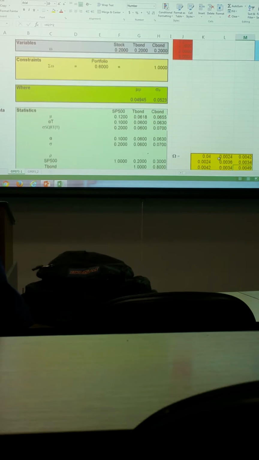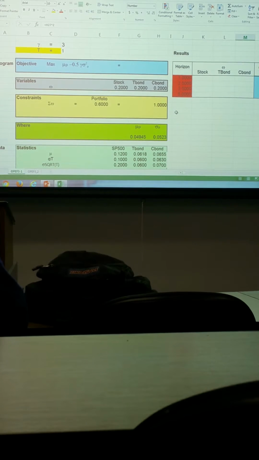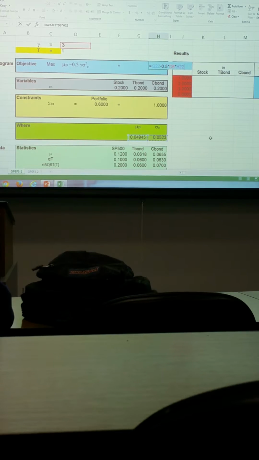This time I need to set up the objective function, which is equal to mu p minus 0.5 times gamma times sigma p squared. This guy is quite risk averse, so gamma is 6.